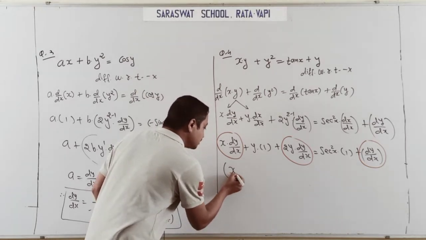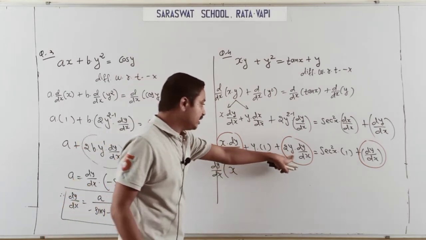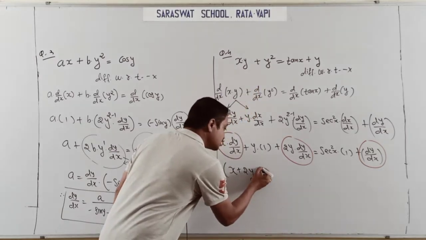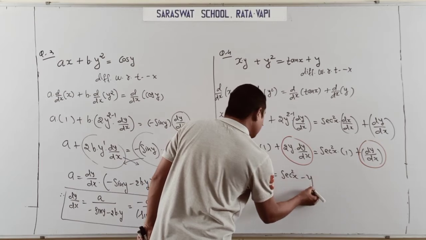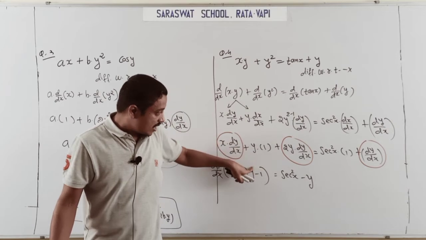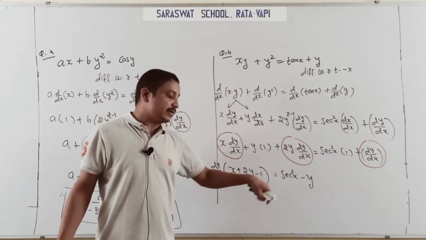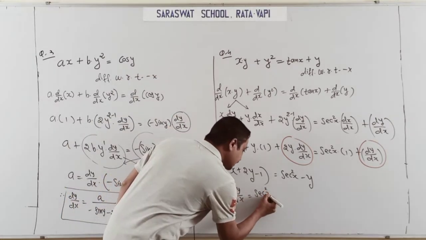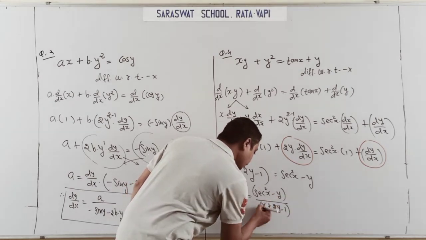So here x dy by dx common taking, here also 2y, and this taking right to left side, minus 1. And the other functions, x square x minus y, this one I take to the right side. One more time repeat: x, y, and that one take to left side, minus 1, another y x square is combined. So dy by dx, students, only and only x square x minus y upon x plus 2y minus 1.